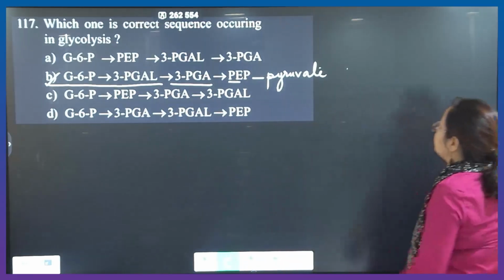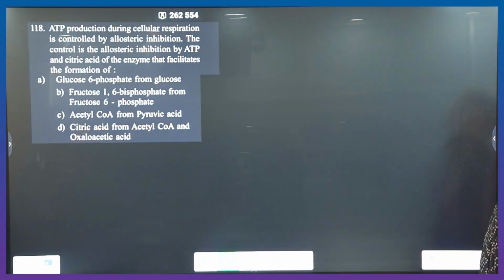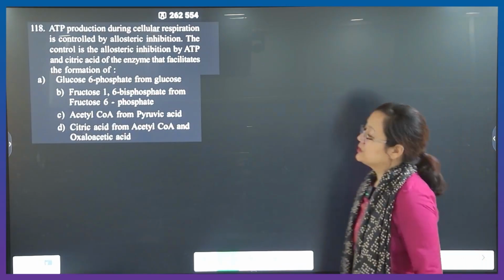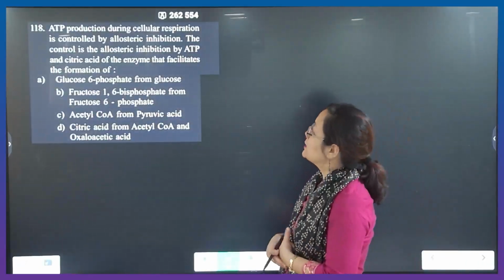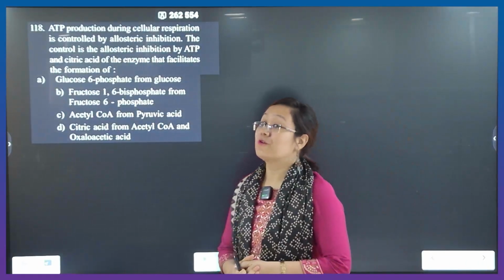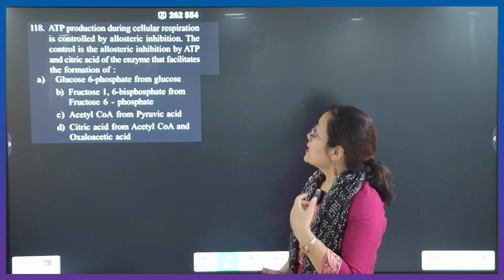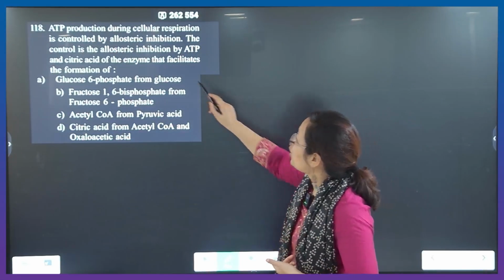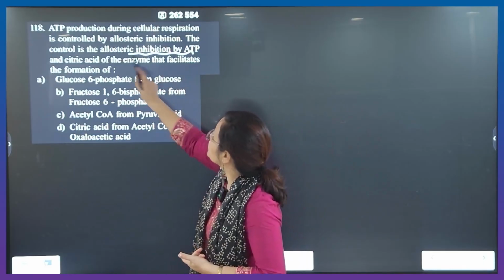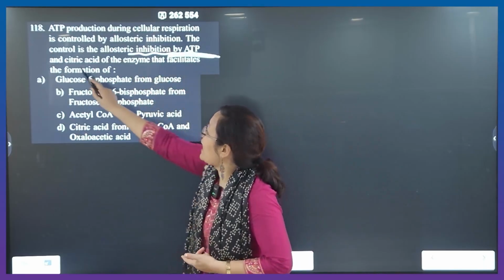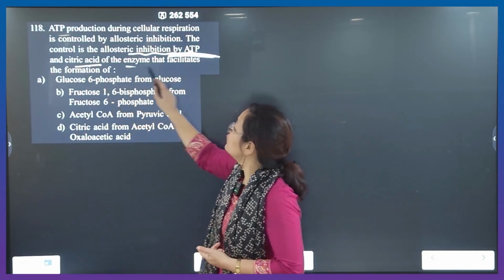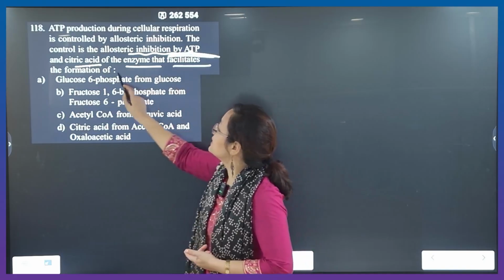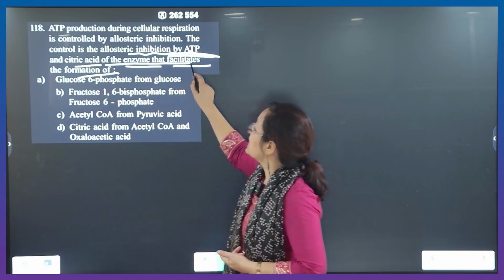ATP production. This is what I have said about the phosphofructokinase enzyme. During cellular respiration, it is controlled by allosteric inhibition by ATP and citric acid of the enzyme that facilitates the formation of... Which enzyme are they talking about?